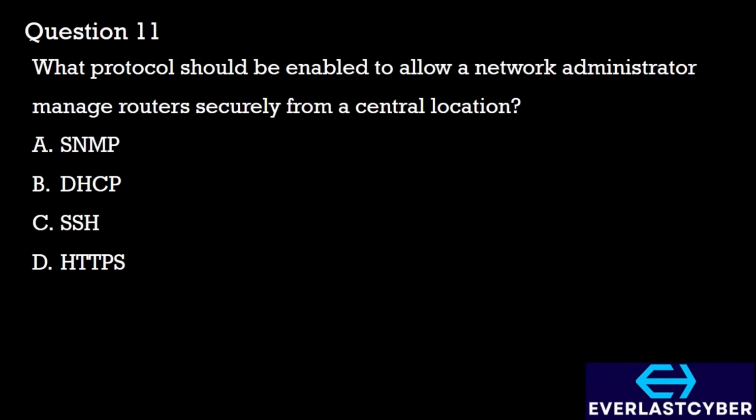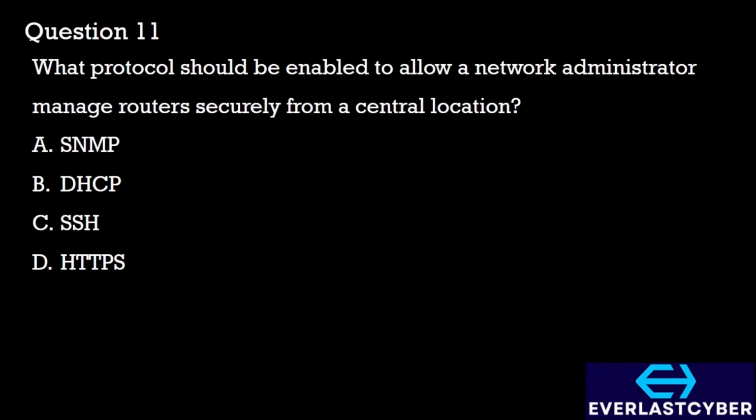Option A, SNMP, is used for network management and monitoring, but it is not secure. DHCP is used to dynamically assign IP addresses to devices on a network. However, it is not used for secure management of network devices. SSH, on the other hand, is a protocol that is used to securely manage network devices, including routers, from a central location.